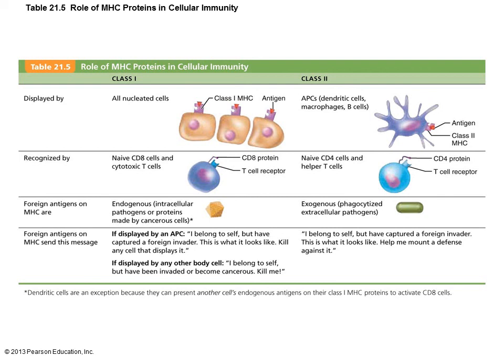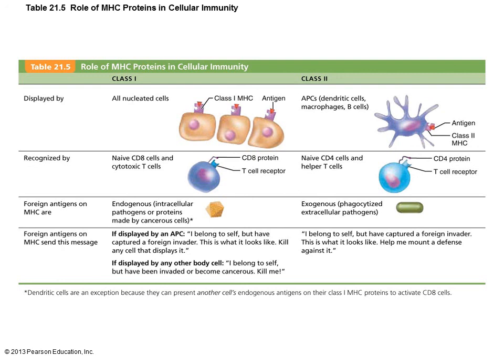MHC class 1 can display antigen to cytotoxic T cells containing CD8. This is very important. MHC class 2 presents antigen to CD4 cells, which are the helper T cells, and this is how exogenous antigens can be phagocytized.